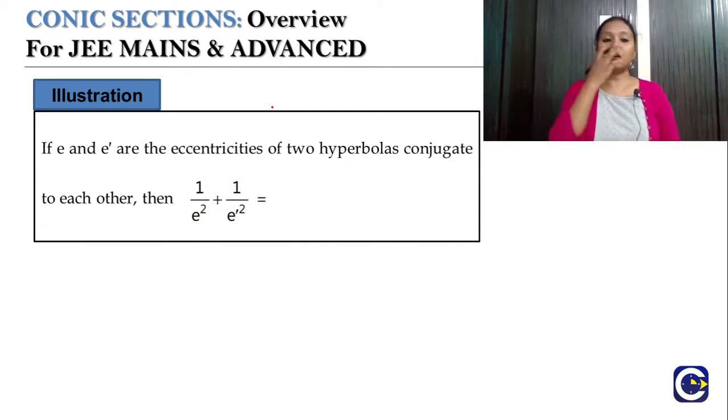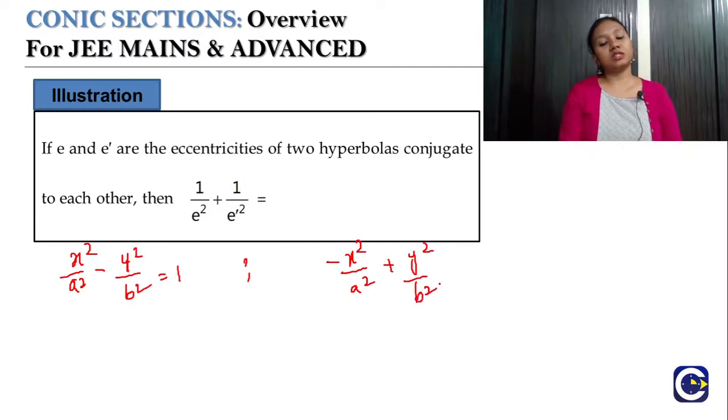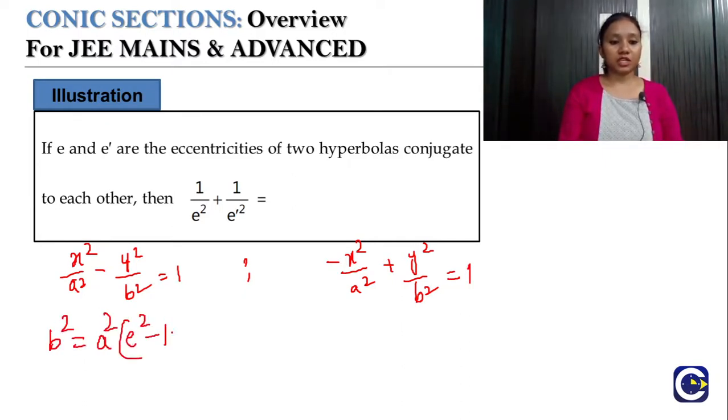That means one hyperbola equation is x square by a square minus y square by b square is equal to 1, and the conjugate to this is minus x square by a square plus y square by b square is equal to 1. According to the definition, what will be my relation between a, b and e? Just now we have seen b square is equal to a square into e square minus 1.